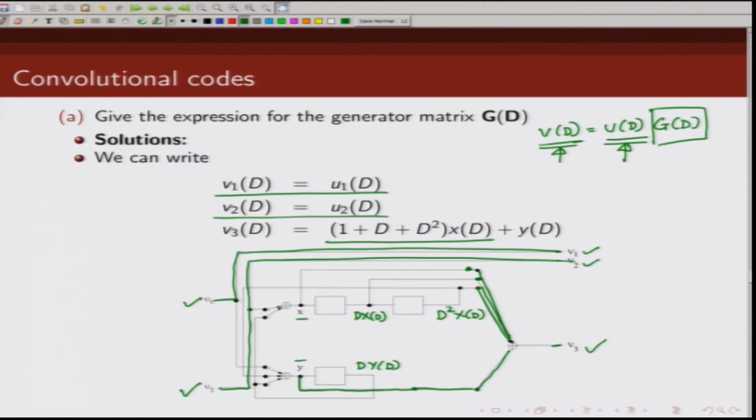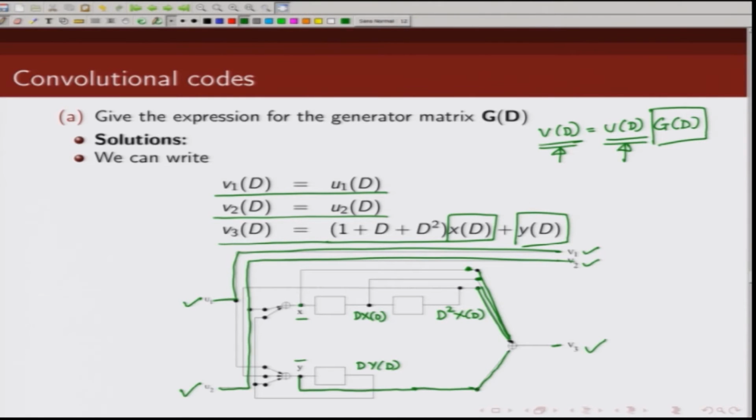This is y(D). So, we have written V1(D), V2(D), V3(D) in terms of U1, U2, x(D) and y(D). Now, note, we need to get rid of x(D) and y(D), and we have to write these in terms of U1 and U2.